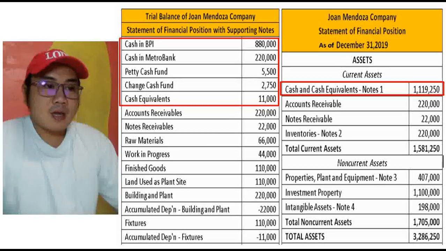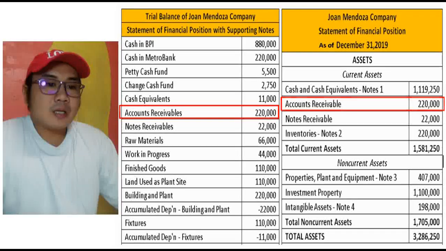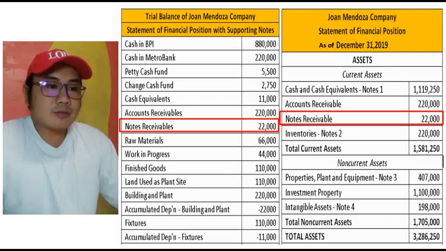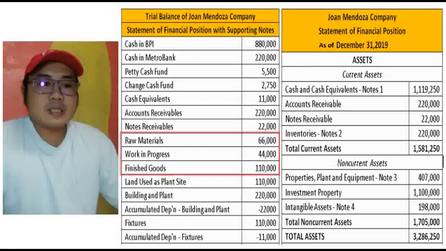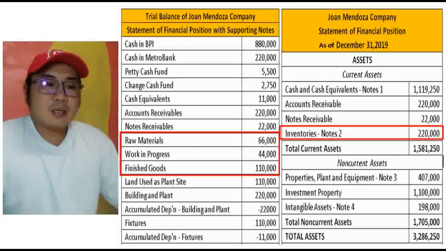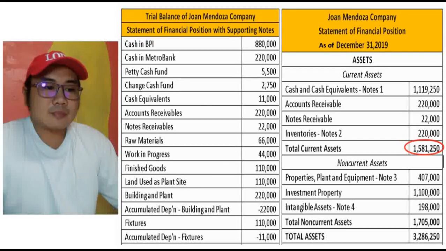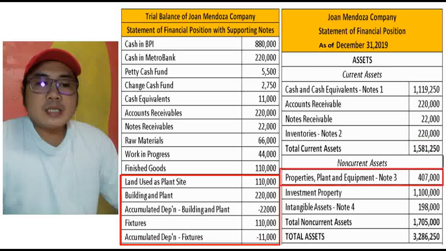1,119,250. Accounts receivable, 220,000. Notes receivable, 22,000. Inventories coming from Notes 2, 220,000. And the total current asset is 1,581,250. Properties, plant, and equipment from Note 3, 407,000.